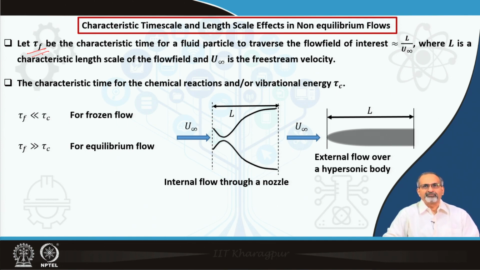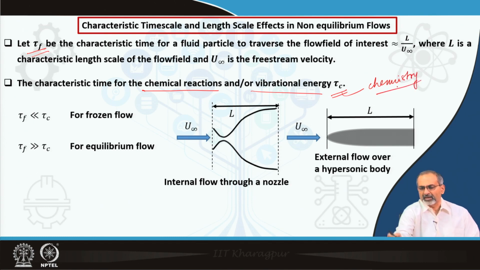And there is another time scale which is important, which is associated with chemical reactions and vibrational energy changes, which is indicated by tau c. The c essentially comes from the fact that we are trying to bring in the effects of chemistry over here, and therefore, these two time scales are going to be very important for us.